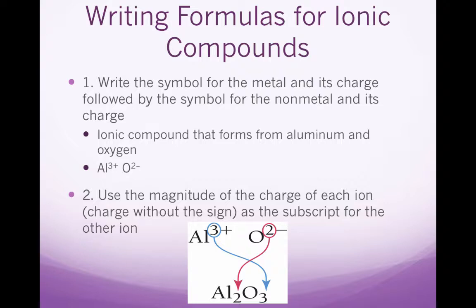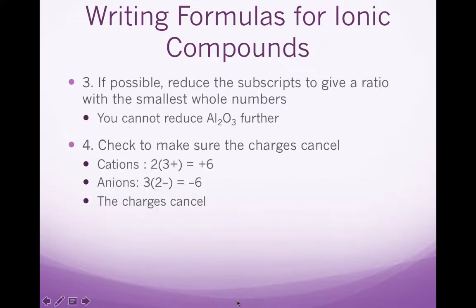The second step is to use the magnitude of the charge of each ion, so that's the charge without the sign, as the subscript for the other ion. So here you can see that aluminum forms +3, so that means the subscript for oxygen is going to be 3. Oxygen forms -2, so the subscript for aluminum will be 2.